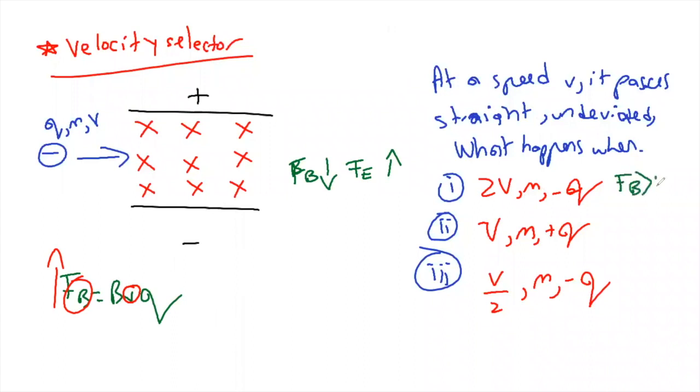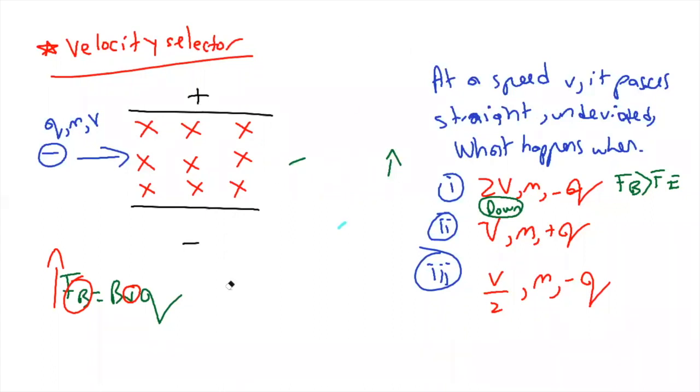Fb is going to become greater than Fe. And what does that mean? It's going to go down. It's not going to go straight. So the answer here is down, because the magnetic force is acting downwards and Fe is acting upwards.